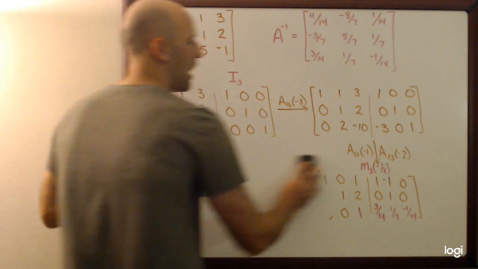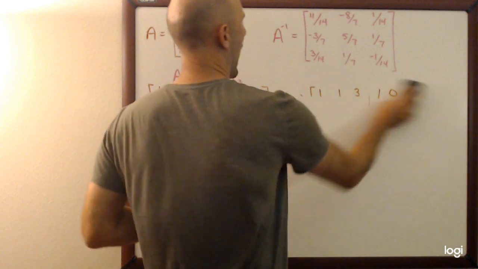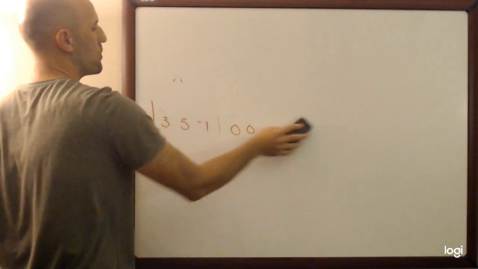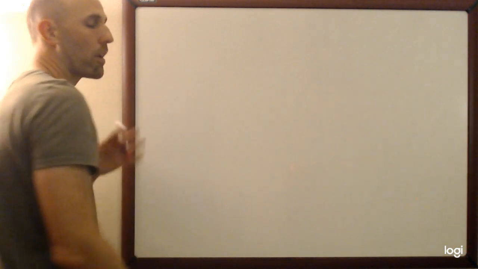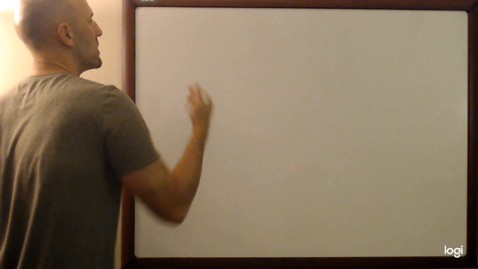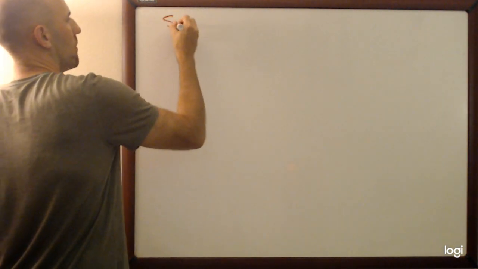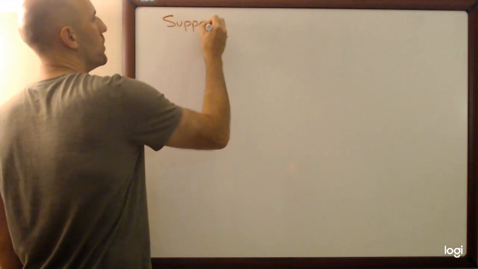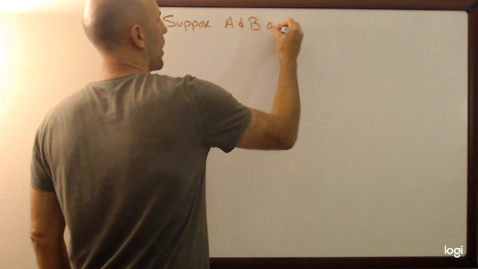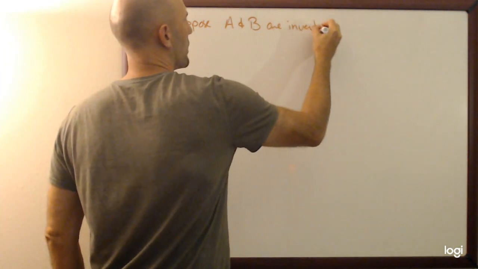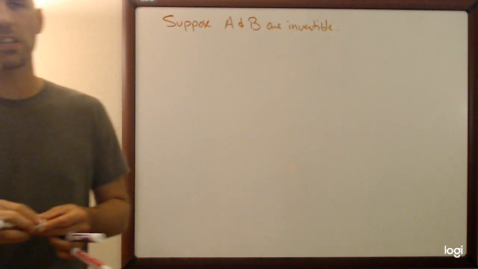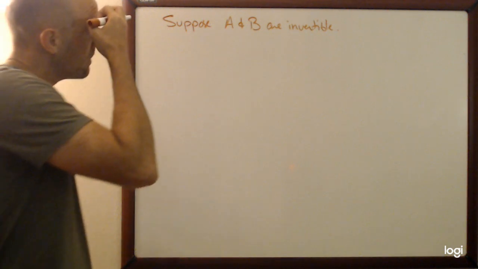Okay, so suppose you have a couple matrices that you know are invertible, right? That you know their inverses exist. So let's say, suppose A and B are invertible matrices. Okay, so I know their inverses exist, right? They're not zero factors.